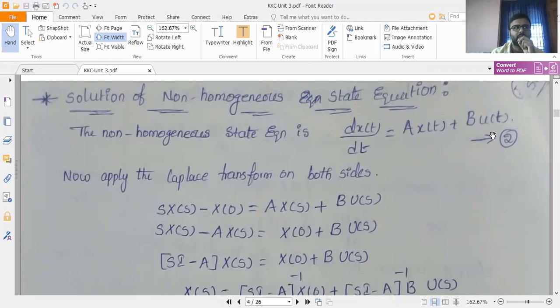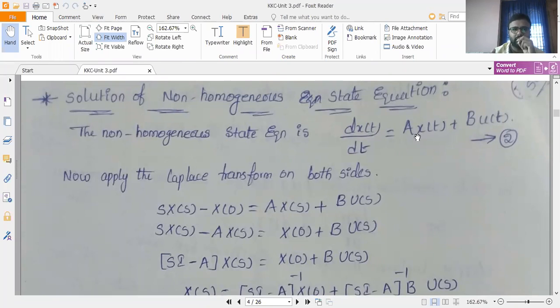Therefore, the non-homogeneous state equation is represented as d by dt of x of t is equal to A into x of t plus B into u of t.